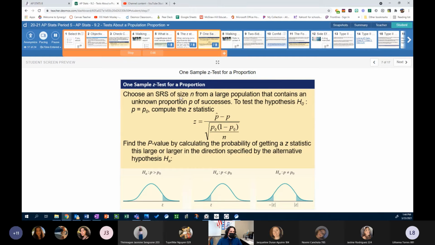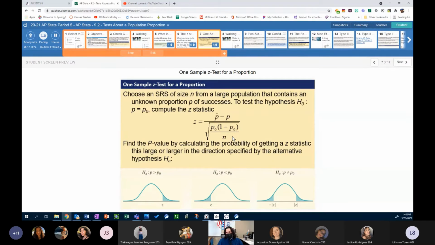We're going to choose an SRS of size n from a large population that contains an unknown proportion p of successes. To test the hypothesis H sub 0 such that p equals p sub 0, compute the Z statistic. Z equals p hat minus p sub 0 divided by the square root of p sub 0 times 1 minus p sub 0 divided by n.